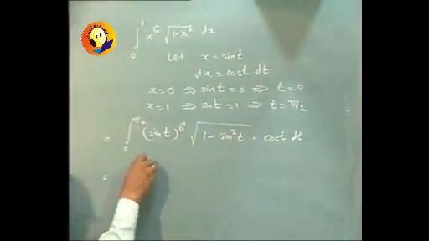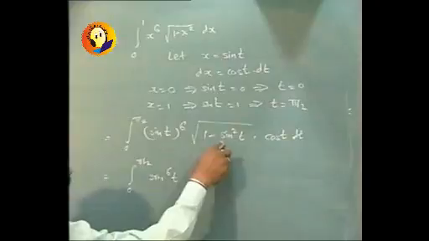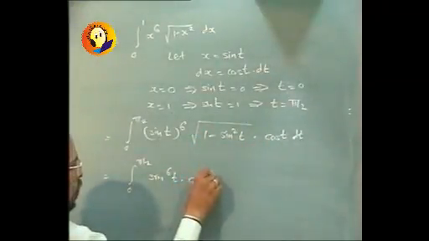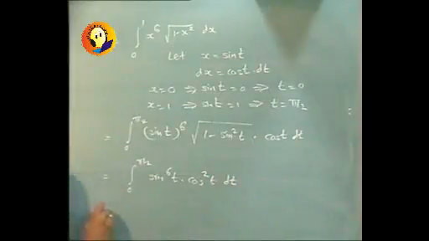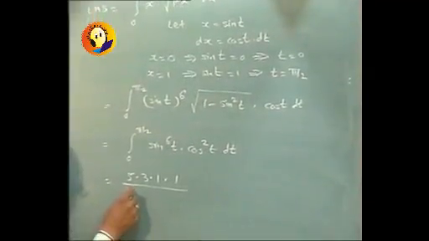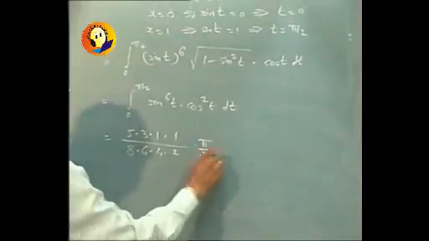And so it comes out to be integral 0 to pi by 2 sine raised to 6t. This is 1 minus sine square is cos square, root of it is cos, cos into cos is cos square t dt. Apply reduction, it is 5 into 3 into 1 divided by, start with sum of the powers, so it is 8 into 6 into 4 into 2 into pi by 2 as both are even.